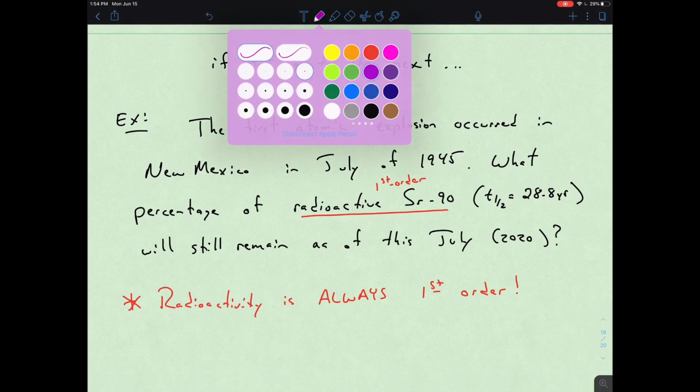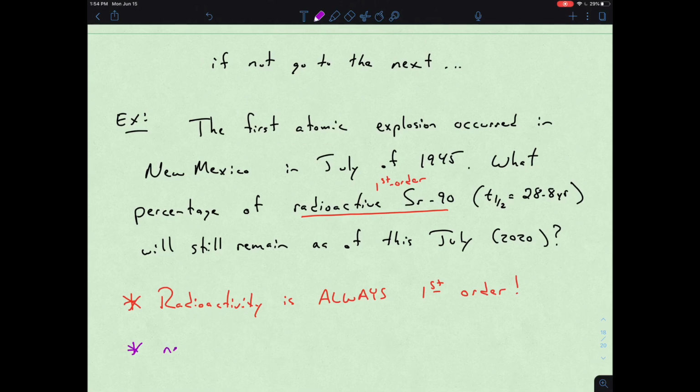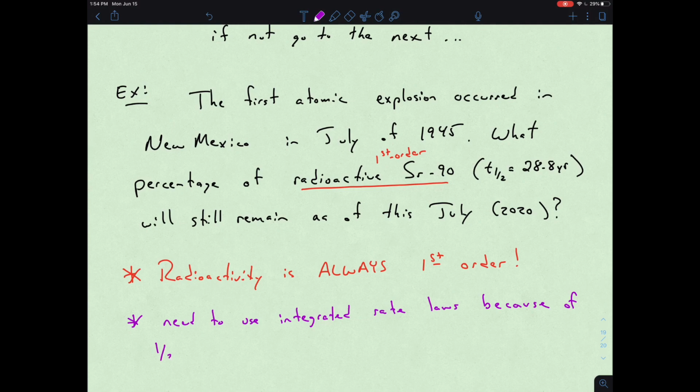We also know we need to use integrated rate laws because of half-life, which we see here.